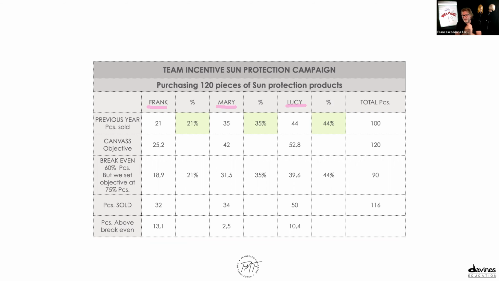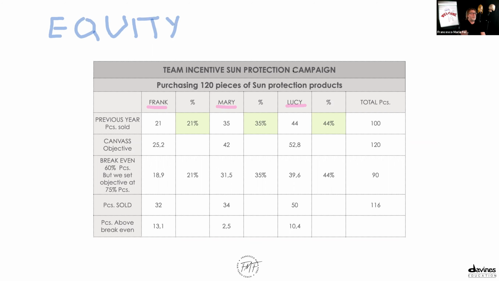You need to set the prize. This is up to you. Now, as I was telling you before, it is based on equity, not equality. This example is equity. I want to write it here.